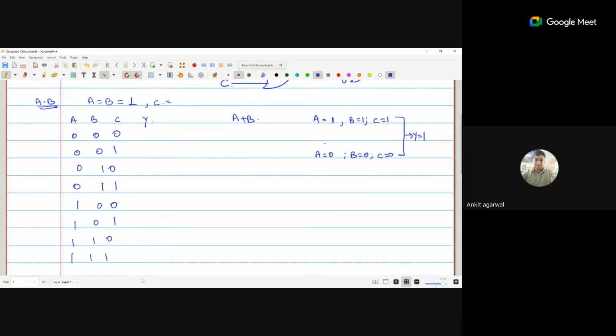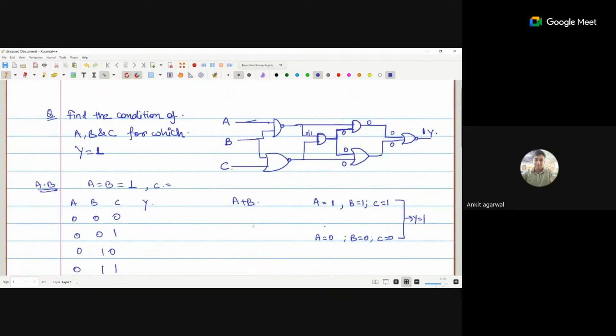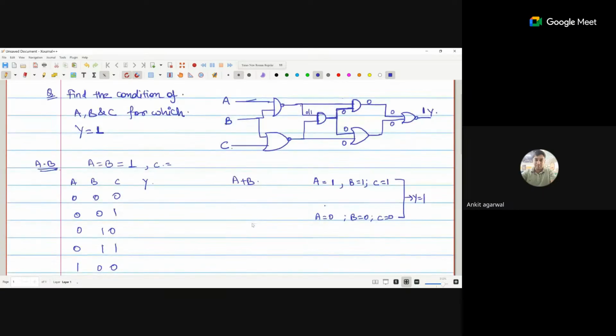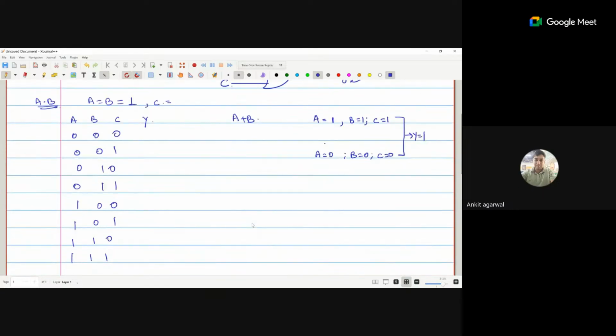You can take any of the inputs and check what is the output. Okay.